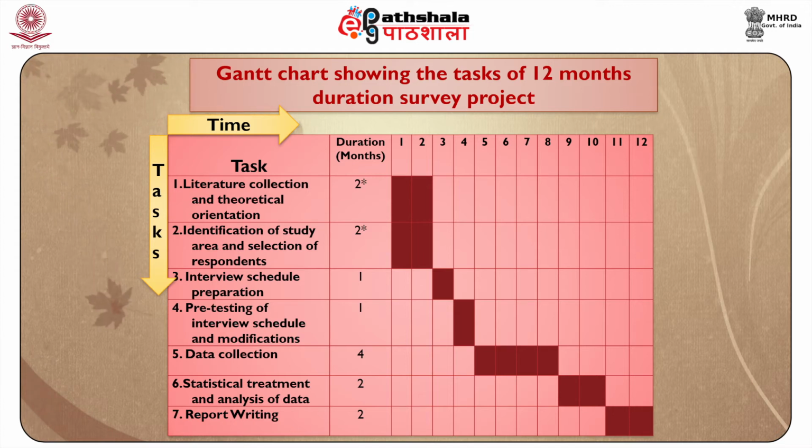Identification of study area takes 2 months time. If you add up these 2 months and 2 months, it will come to 4 months. But when you do these two activities concurrently, you can complete both the activities in 2 months time, not in 4 months time. Then we can call activities 1 and 2 concurrent activities. The more the concurrent activities in a project, the less the time the project takes.